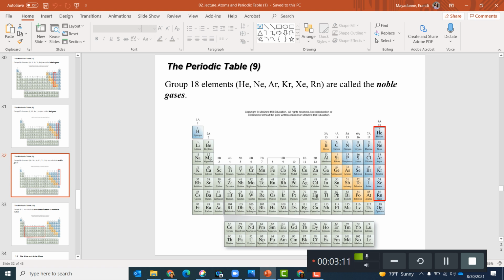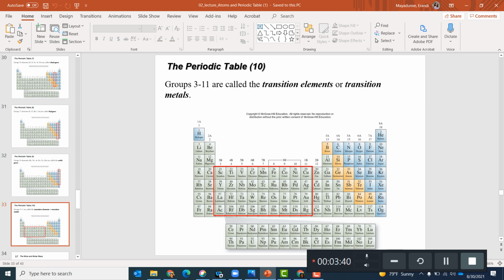You get to bring a periodic table to the exam, but it's a blank periodic table, not showing that this is group 1, alkali metals, nothing like that. So you need to know by looking at the periodic table that group 1 is alkali metals, group 2 is alkaline earth metals, group 7 is halogens, and group 8, the last group, is noble gases. So you need to know.